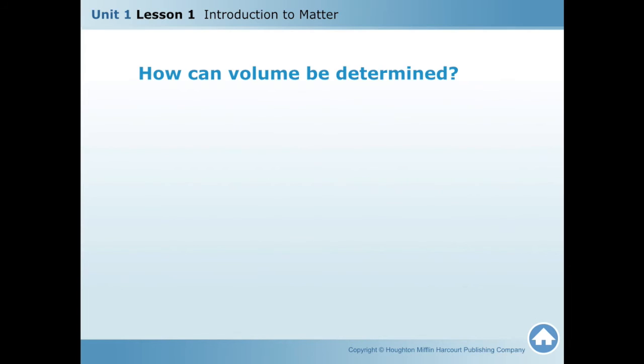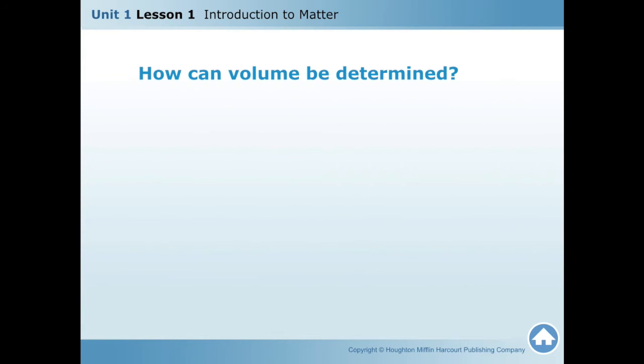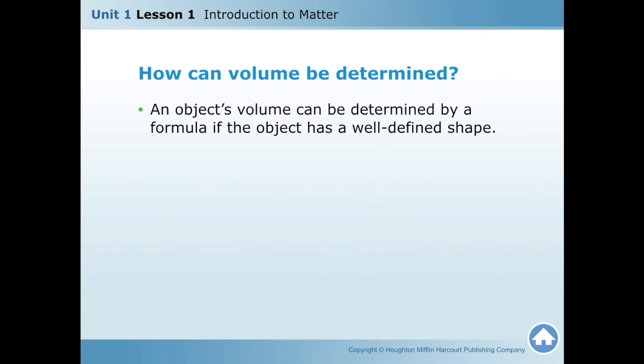When we determine the volume of a regularly shaped solid object like a cube, we usually express volume in cubic units. The word cubic means having 3 dimensions. In science, cubic meters and cubic centimeters are the units most often used for the volume of solid things.